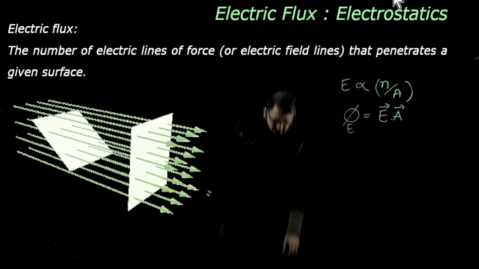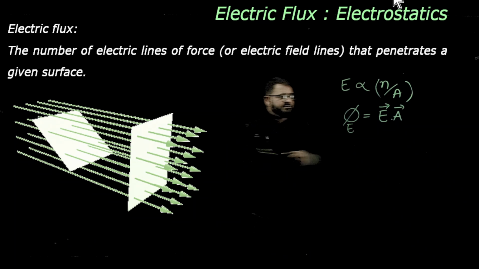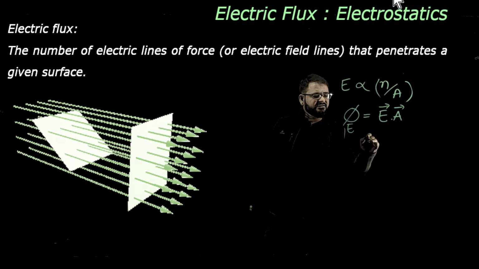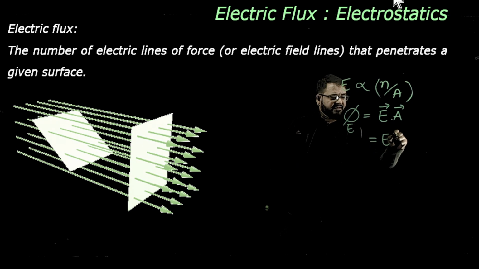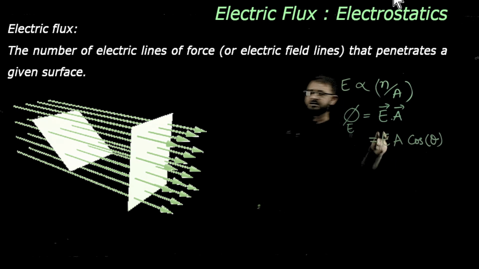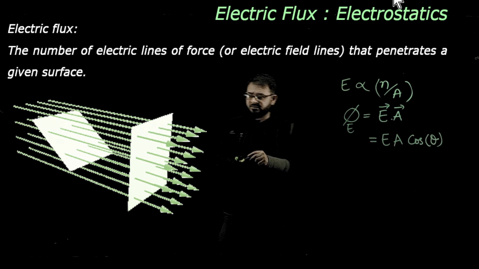If we rewrite this flux in detail, the flux is equal to the magnitude of the electric field times the area vector and cos of the angle between the electric field and the area vector, right?